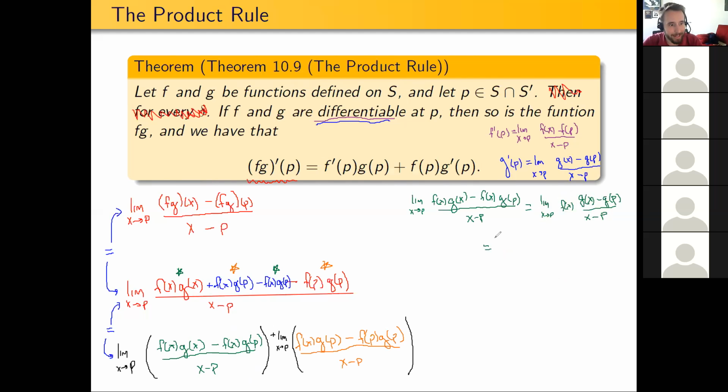So let me write that as the limit of f of x times the limit of this fraction. Now, while I'm writing this, why can we do this? How do we know that we're allowed to break this up into the limit of the two pieces?